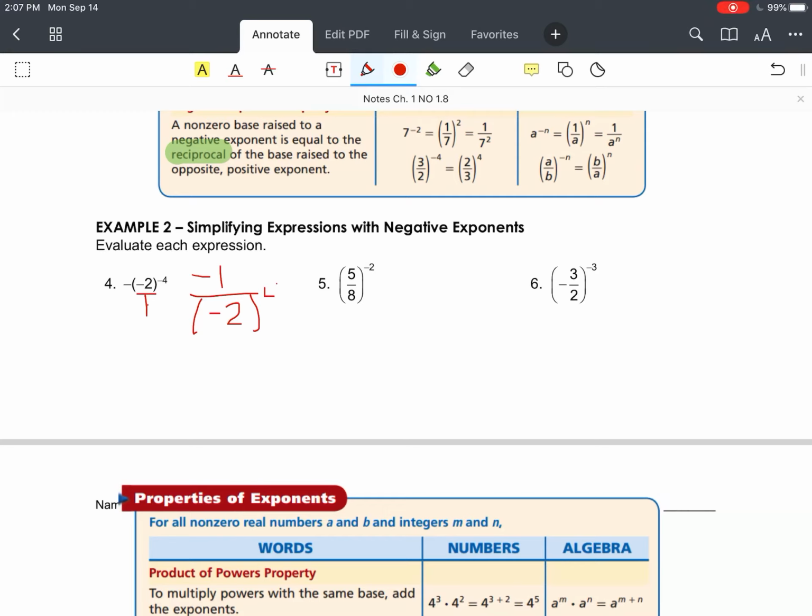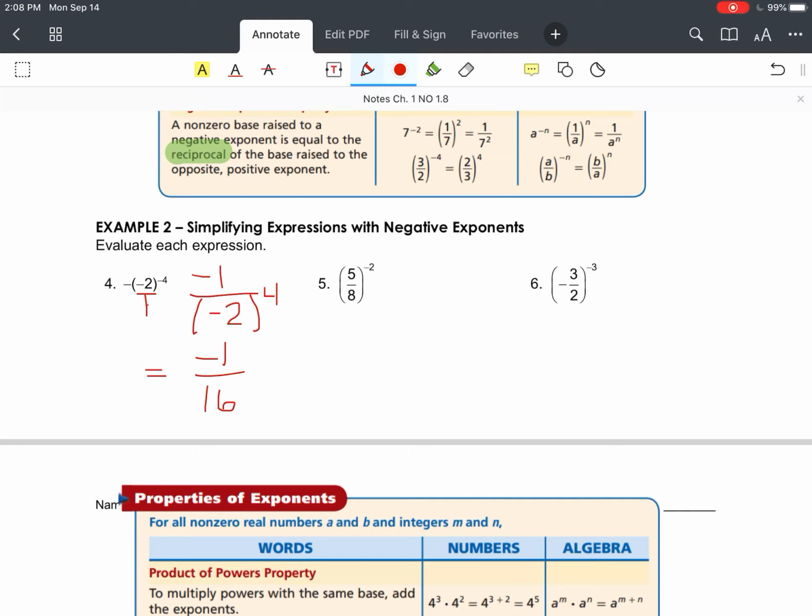So I flipped my fraction, and I'm going to put a positive 4 now as my exponent. Well, now it's just a matter of finding out what negative 2 parentheses raised to the 4th power is. That's like negative 2 times negative 2 times negative 2 times negative 2, which is positive 16.